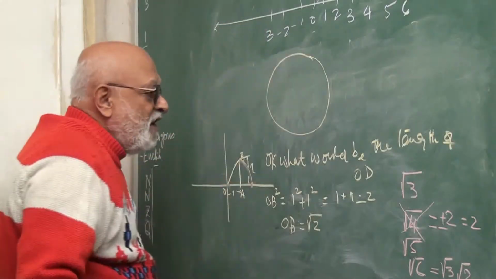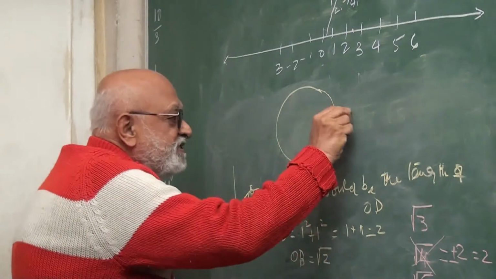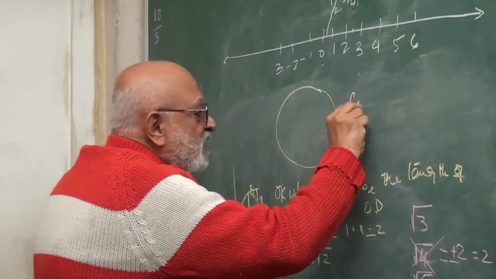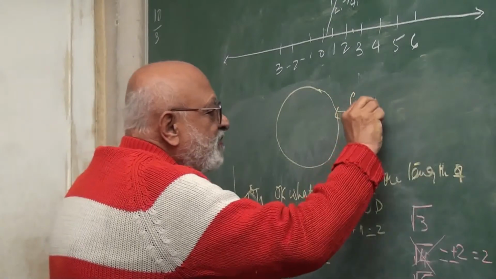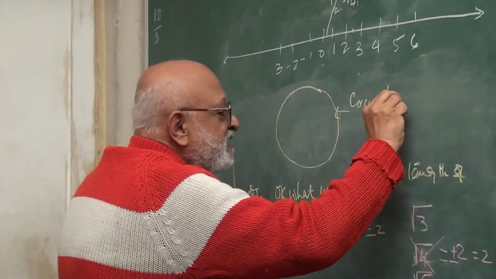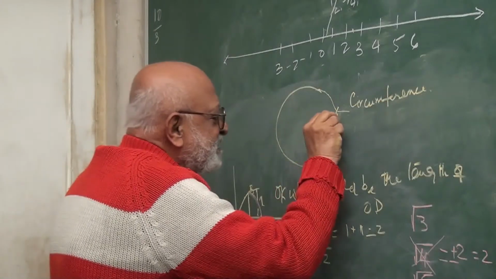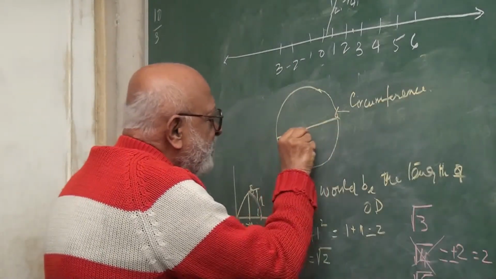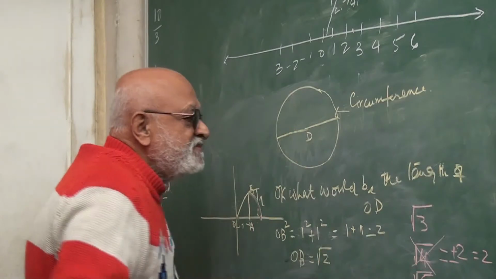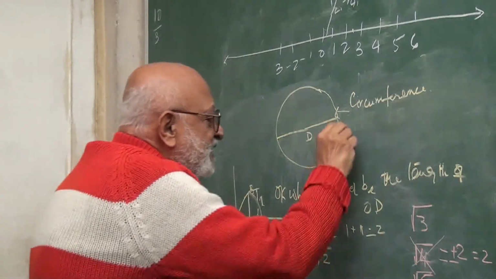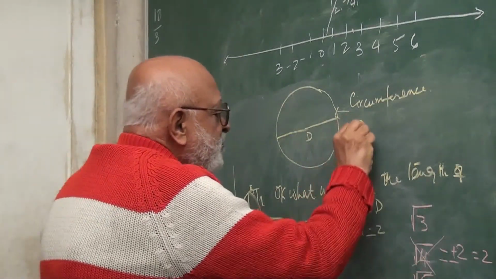Now, what is the circumference of this circle? You will say, I need the diameter. Okay, let us say this is the diameter, the whole thing is your diameter. And radius is d by 2.